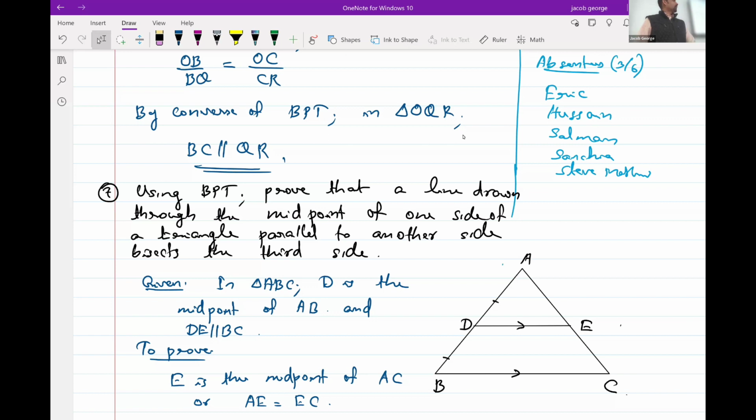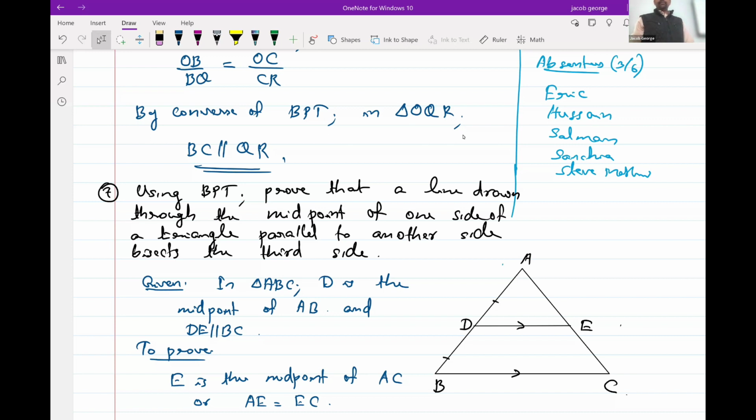Yes. So the triangle ABC, D is the midpoint of AB. What is the next part given? DE is parallel to BC.